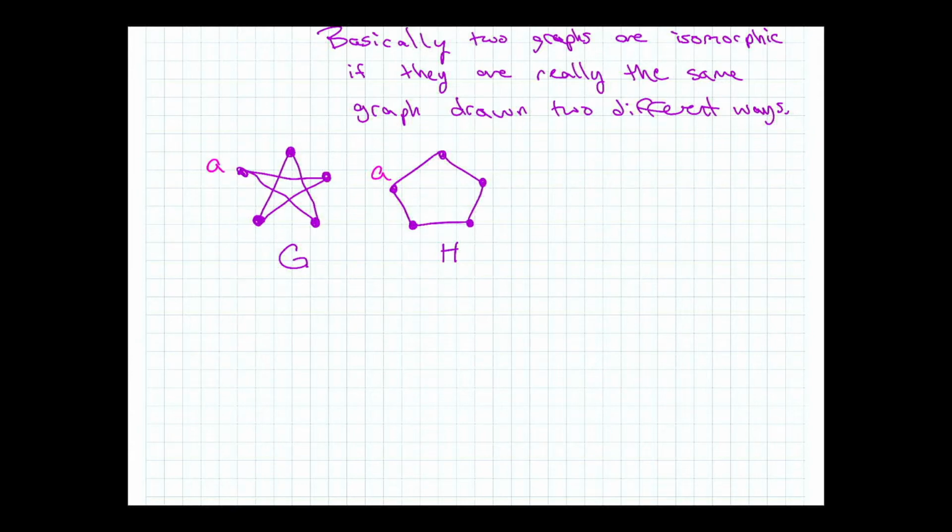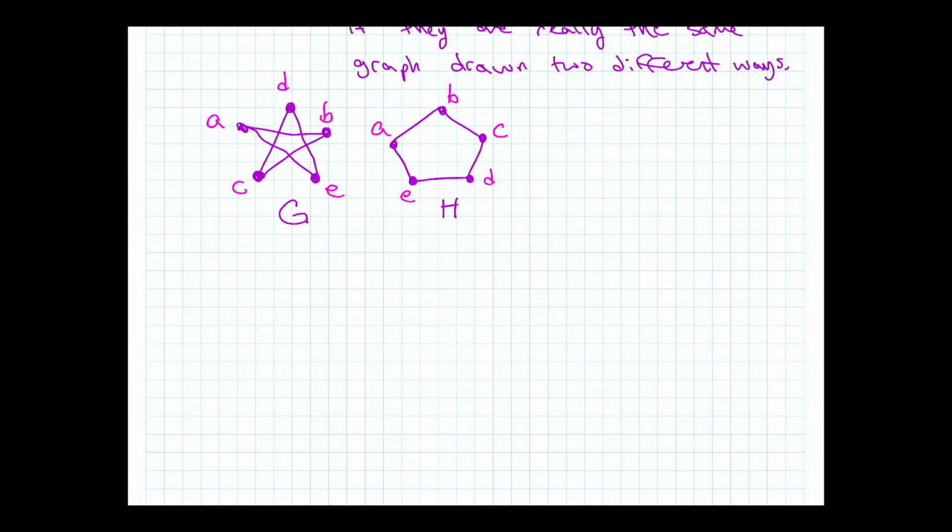Let's call this one B. And then from A to B, the next one you would go to, maybe we'll call it C. And then C is connected to D. And then D is connected to, I didn't label it, E. D is connected to E, and then E back to A. So you see that actually these are the same.